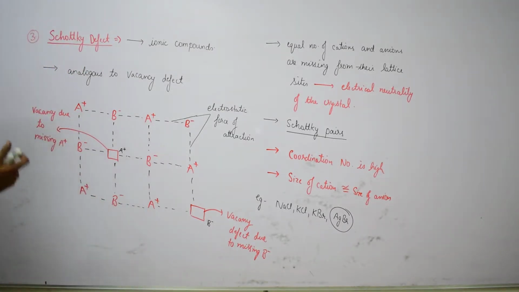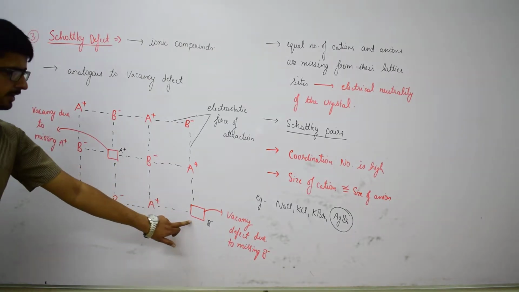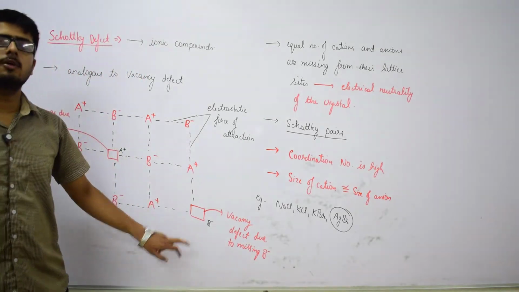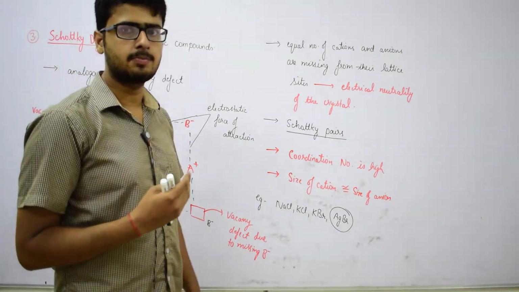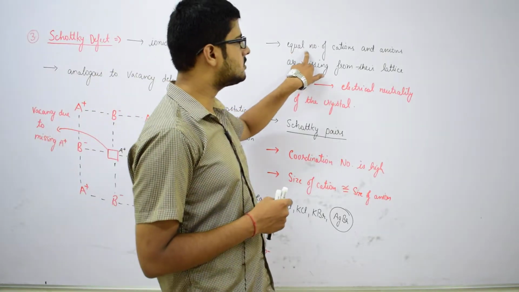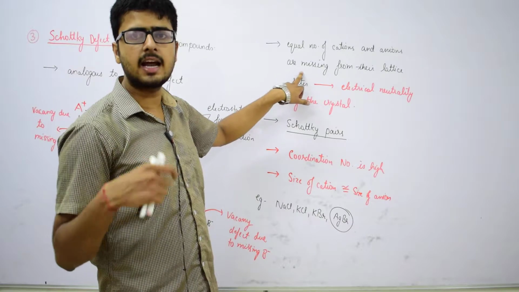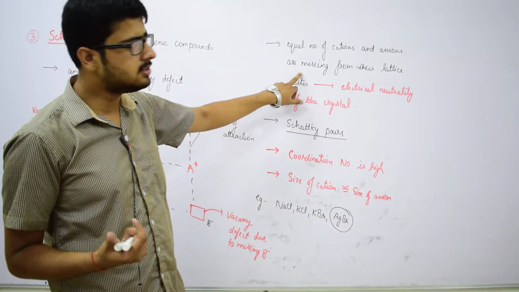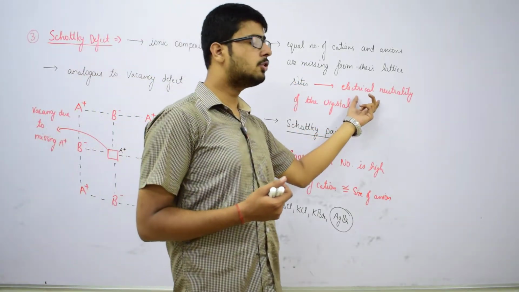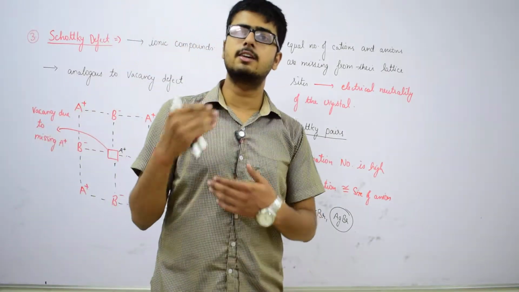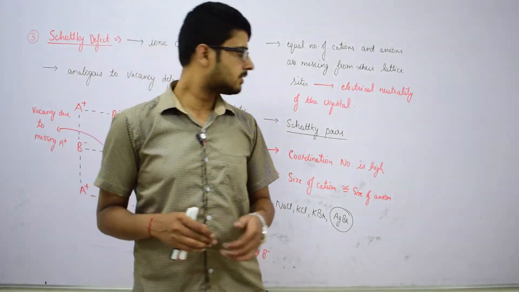In this case of stoichiometric defect, equal numbers of cations and anions are missing from their regular lattice sites, leading to the formation of vacancy defect. So, what happens in this stoichiometric defect? Equal numbers of cations and anions are missing from their lattice positions, and this is totally for the maintenance of electrical neutrality of the given ionic compound.